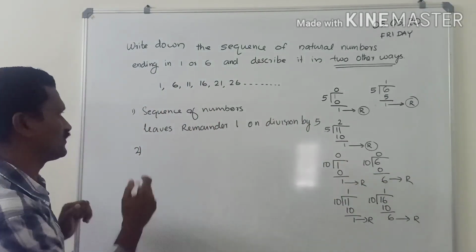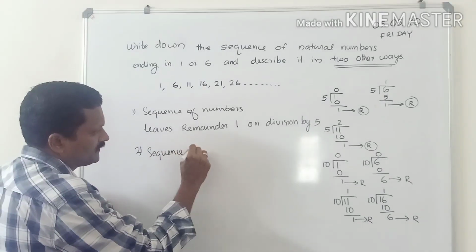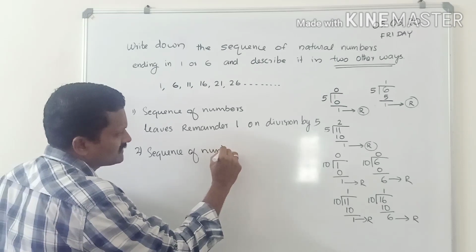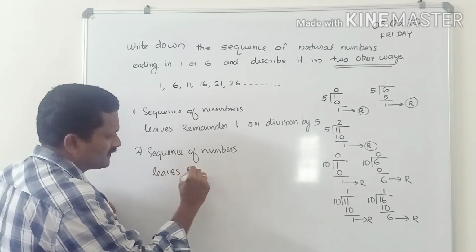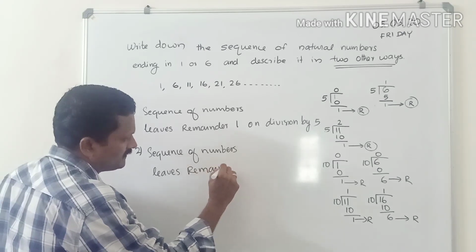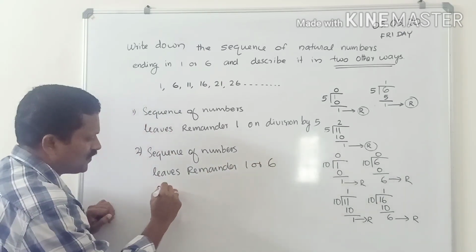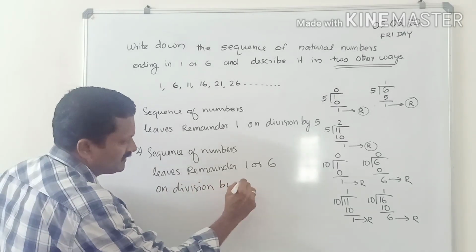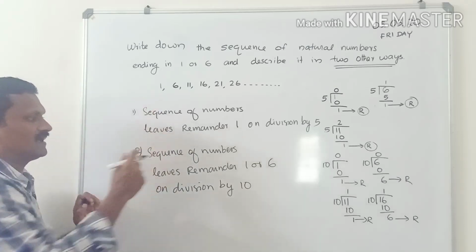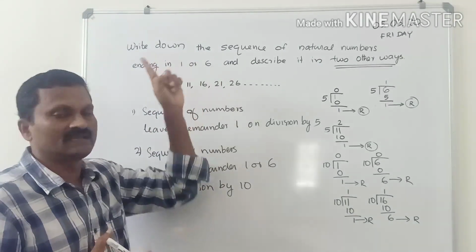That is the second property. Sequence of numbers which leaves remainder 1 or 6 on division by 10. These are two different methods to express the given sequence.